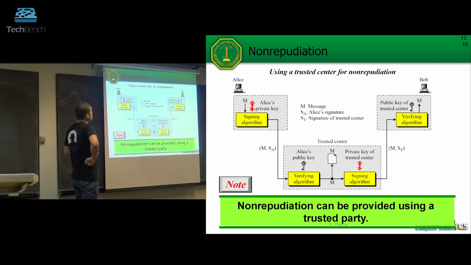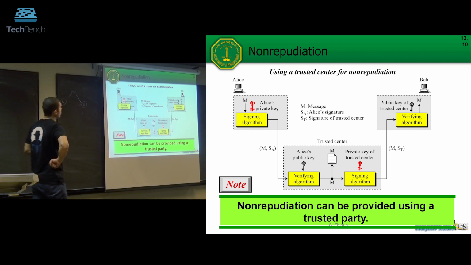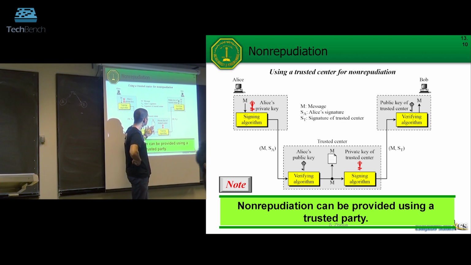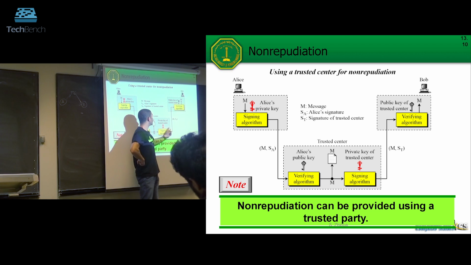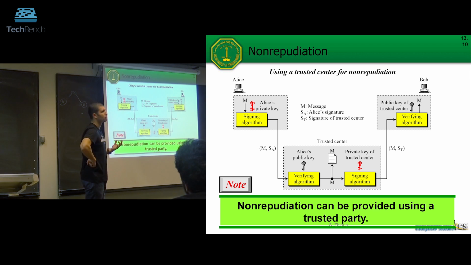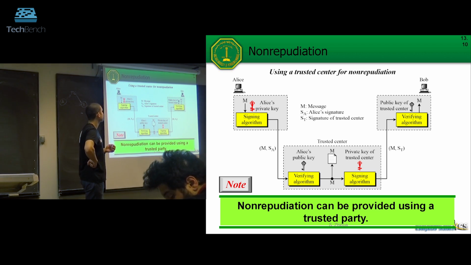Same paradigm as the previous, only the signature goes. But here the point is we need the trusted center itself to send the hash with the signature, and the message goes alone.